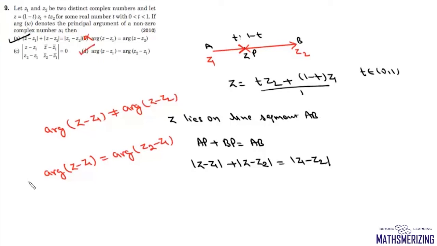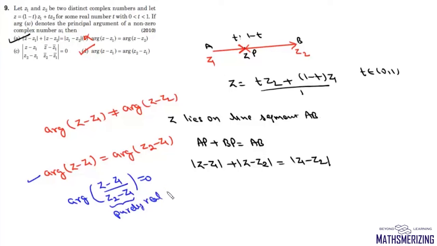Now from this, if we take everything on the left hand side, then argument of Z1 minus argument of Z2 is argument of Z1 upon Z2. So from here we can say the argument of (Z minus Z1) upon (Z2 minus Z1) must be 0. Now if the argument is 0, that means this complex number is purely real.